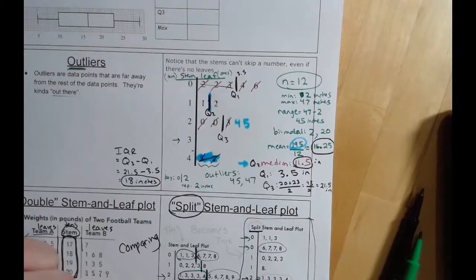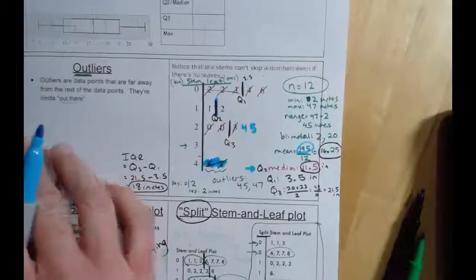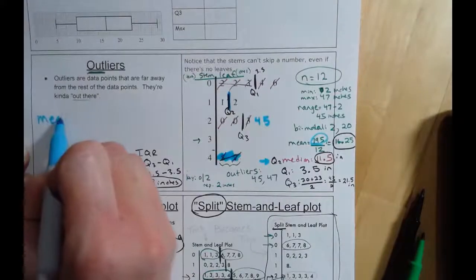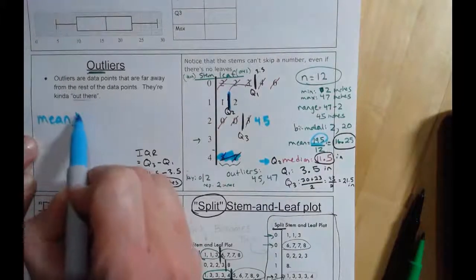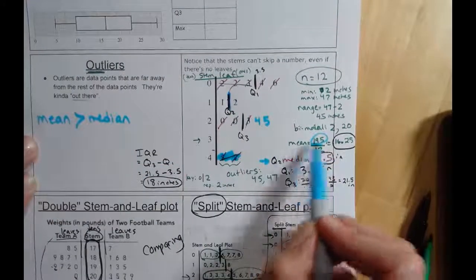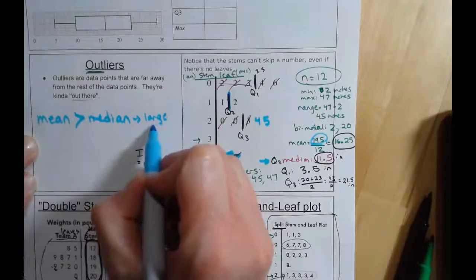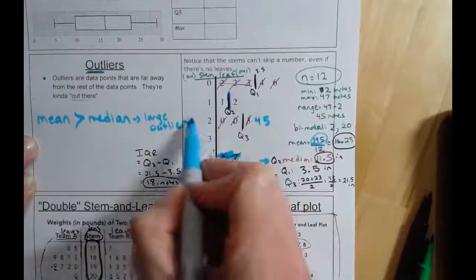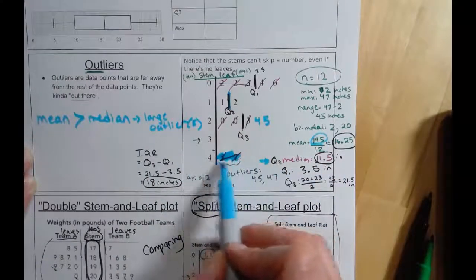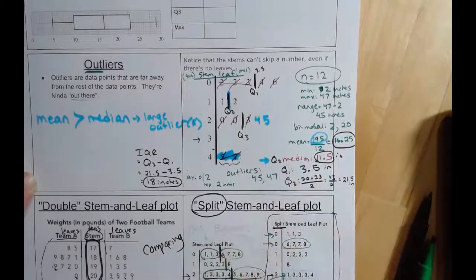So what does it mean if the mean is a lot bigger than the median? I'm going to write it out here, but I don't want you to rely on this. I want you to understand what it means. If the mean is a lot bigger than the median, which is the case here, that indicates that there's probably a large outlier or outliers, because those big numbers really dragged the mean's total up a lot, and it didn't really affect the median very much.